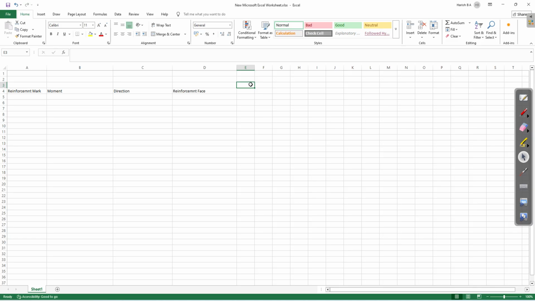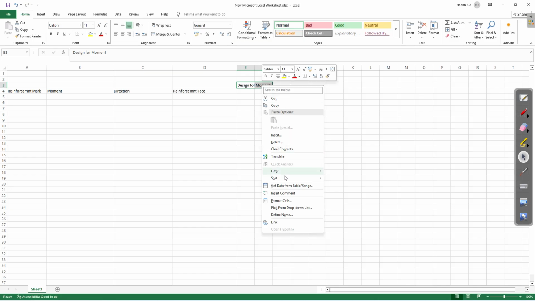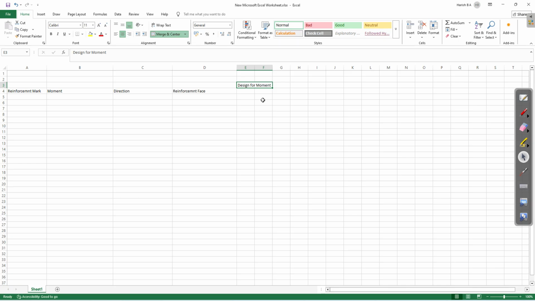Next, design for moment. You merge these two. Okay, in design for moment you have two columns.